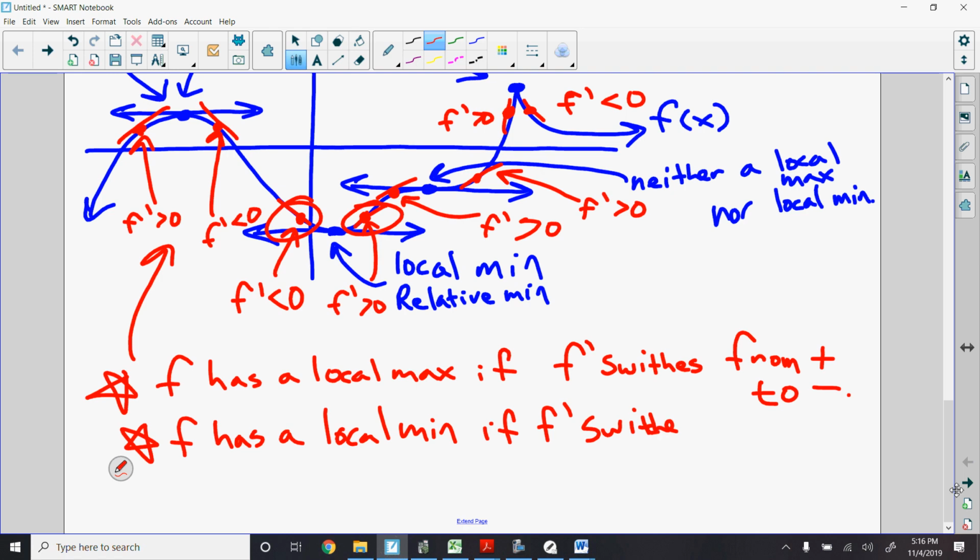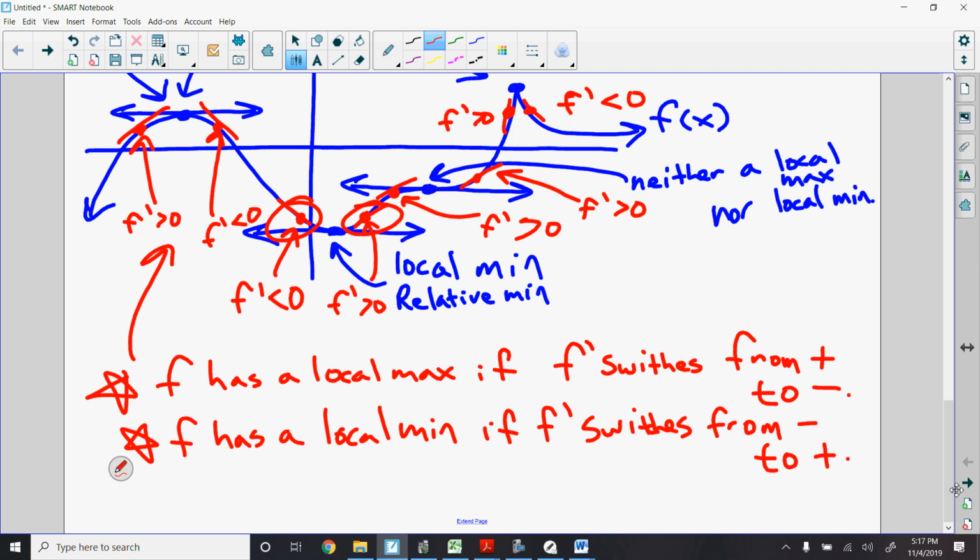So if f prime switches from minus to plus, that means we have a local minimum. The function went from decreasing to increasing. It bottomed out right when we switched signs at that critical point.